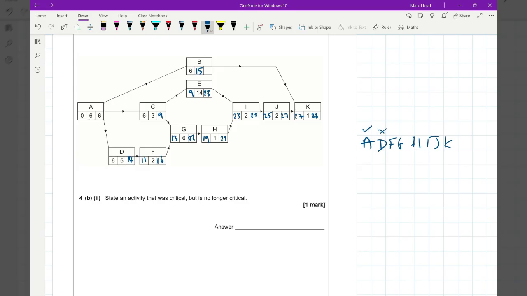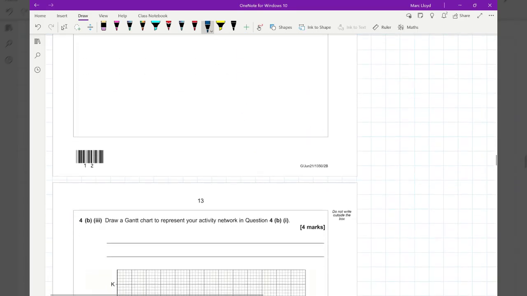D is not because the early and the duration do not add up to the late. Same for F, the same for G, the same for H. I, however, is still critical, and as are the ones to the right. So you can have anyone with D, F, G, or H. Any one of those. Okay.